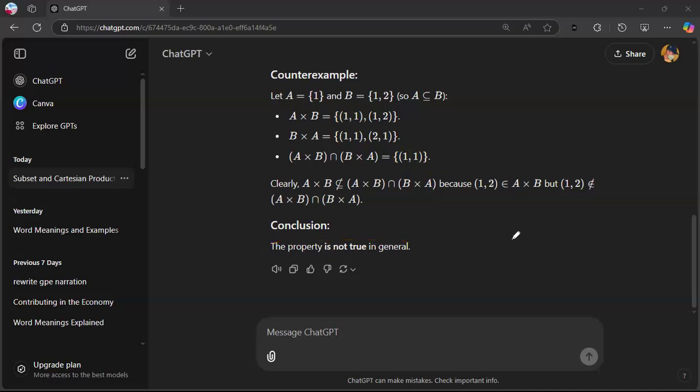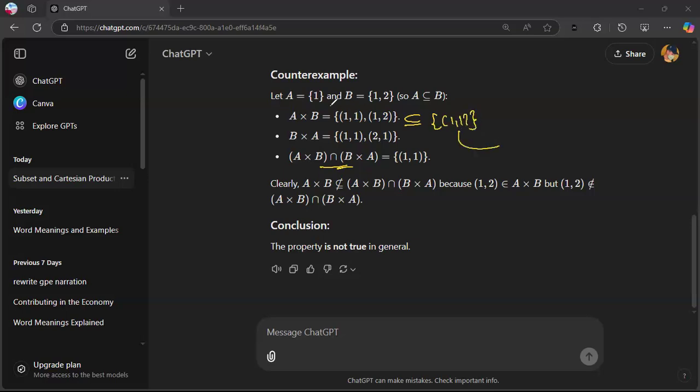Okay, so that's why this property is not true in general. Clear? Any doubt? Are you able to understand this, that why are we saying that A cross B is not the subset of this? Let me write what A cross B is. What we are saying here is that this particular big set is the subset of this.